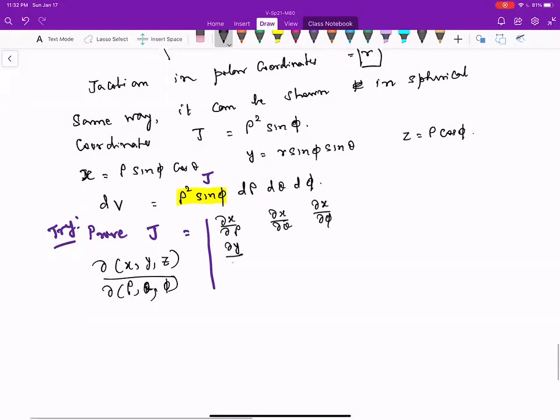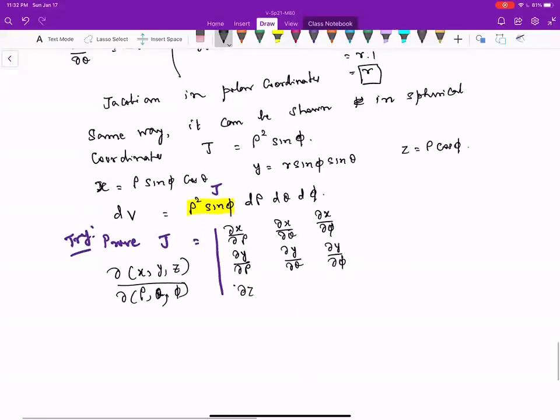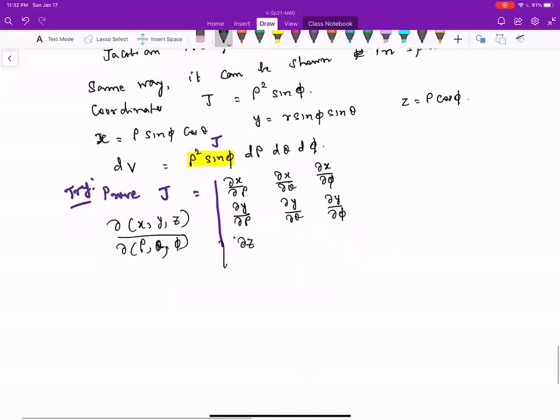This is for x, same way for y, same way for z.